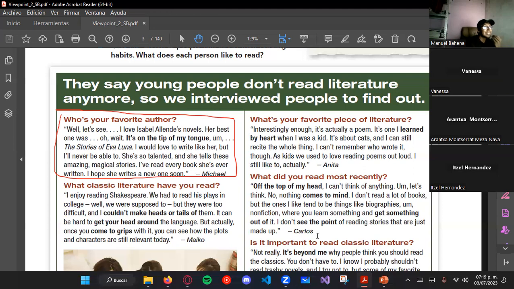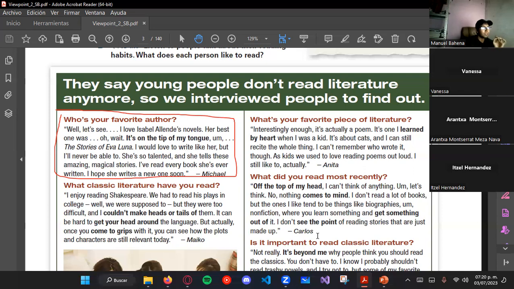Exactly. It's on the tip of my tongue. Está en la punta de mi lengua. Lo tengo en la punta de la lengua. The Stories of Eva Luna. Las historias de Eva Luna.